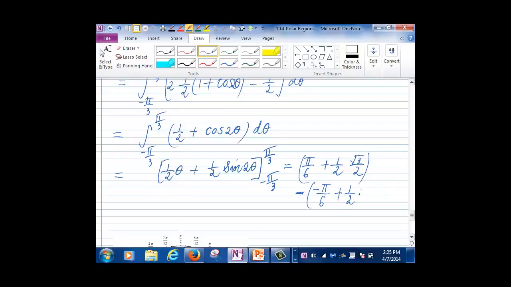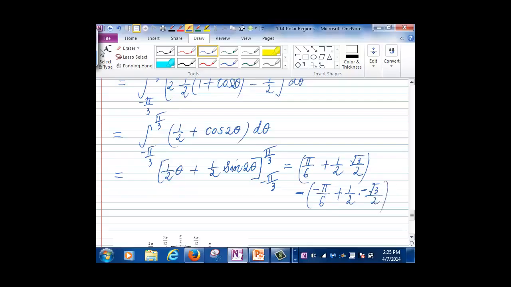So when you plug in negative pi over 3, what do you get? Sine of that would be sine of negative 2 pi over 3, right? And what's that? Sine of negative theta is negative sine theta, right? So this is what? Well, it's a negative radical 3 over 2, right?